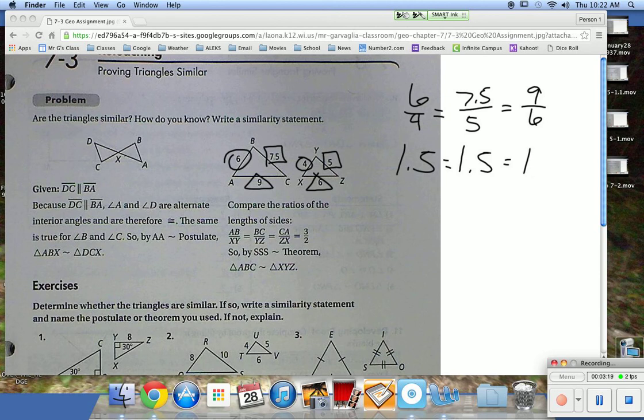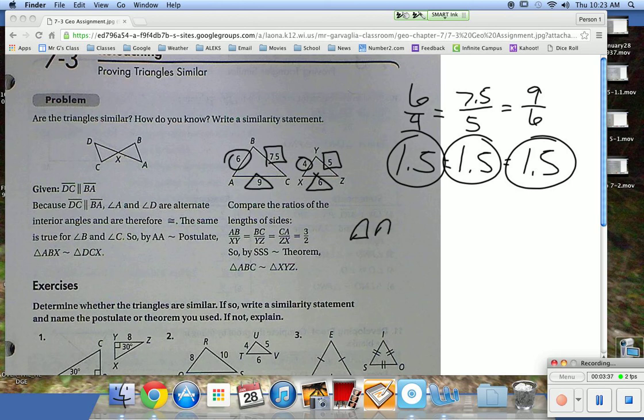So if I just used my calculator to figure out these three, I would see each side is proportionally the same. So triangle ABC is similar to triangle XYZ based off of the information they gave us. We were able to determine that those three were proportional.